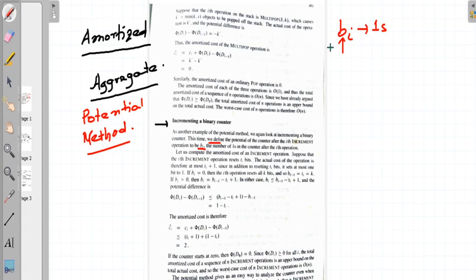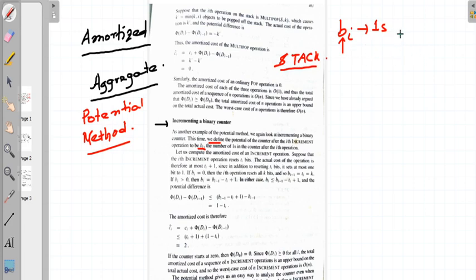Okay, so as we have seen, we have to maintain a data structure that will have a phi function mapping it to a real number. That happened in stack operations as well, where we were maintaining how many elements are there in the stack after the ith operation.